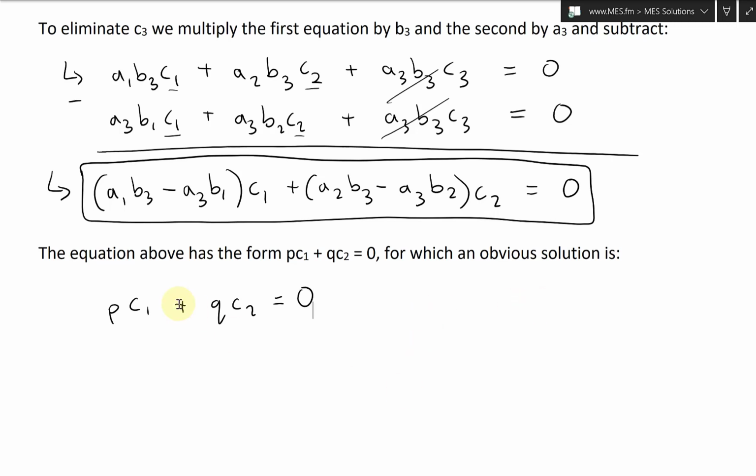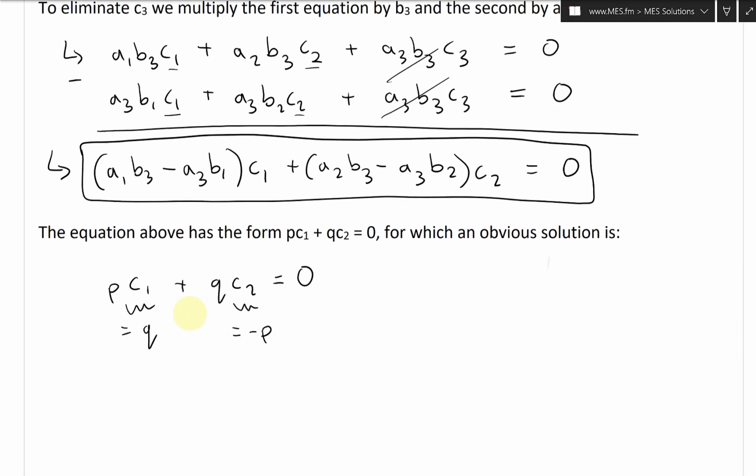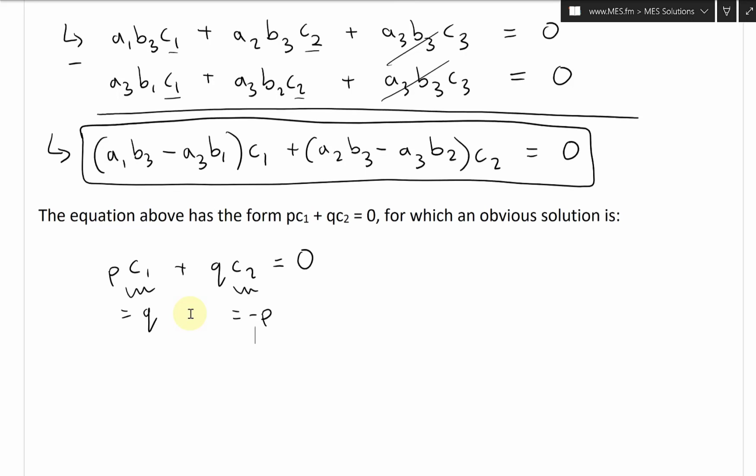One way is if C1 is equal to Q, and C2 is equal to negative P, then we're just going to have PQ minus PQ, which cancels, equal to 0. So that is a solution.